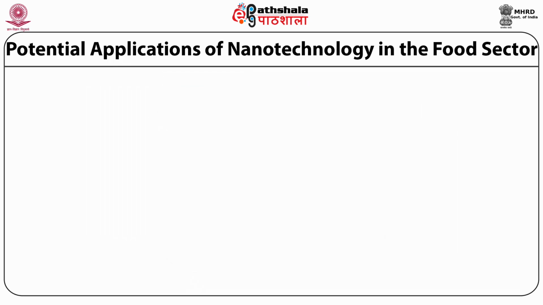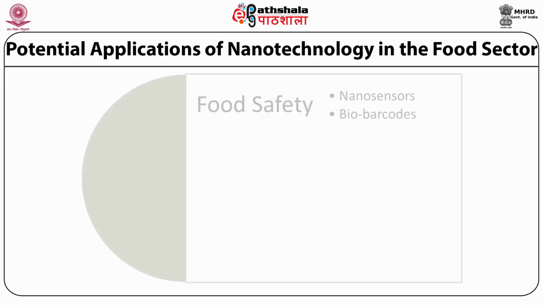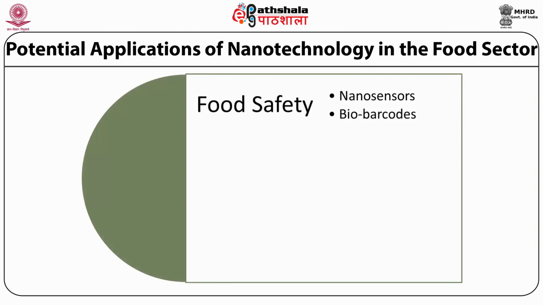We have just understood the various applications of nanotechnology in the food sector, within the food and outside of food. In this module particularly, we will be talking about applications of nanotechnology in food safety nanosensors, nano formulations, and active packaging films. When we talk about food safety nanosensors, we're talking about nanomaterial-enabled nanosensors, which have been developed for enhancing the sensitivity of detection of certain pathogens and contaminants present in food.